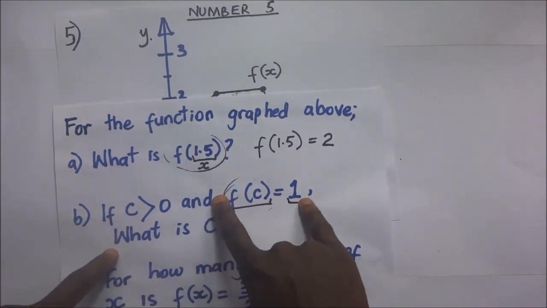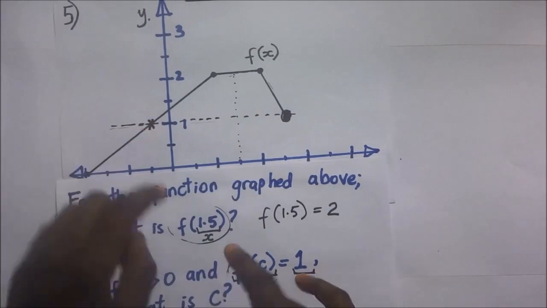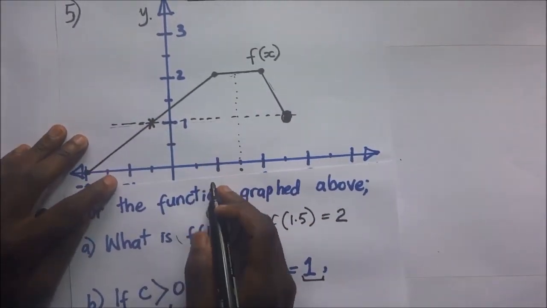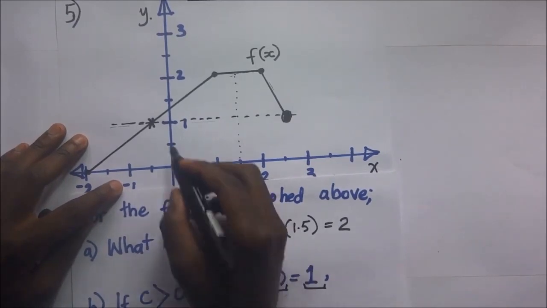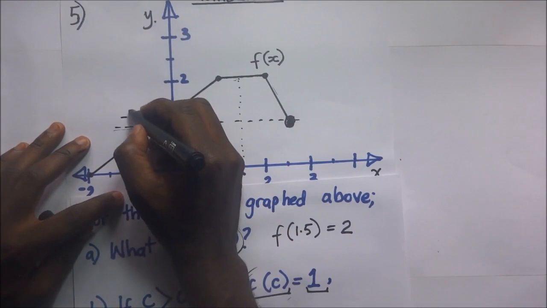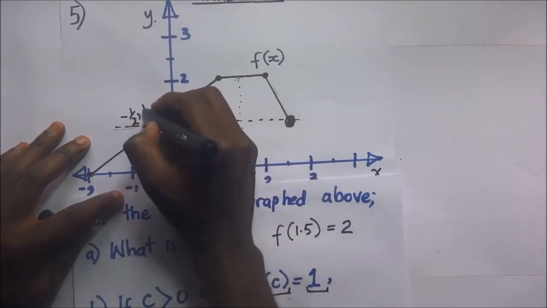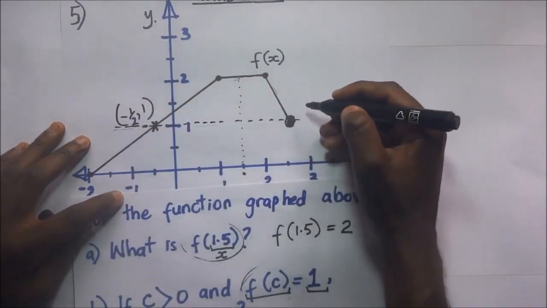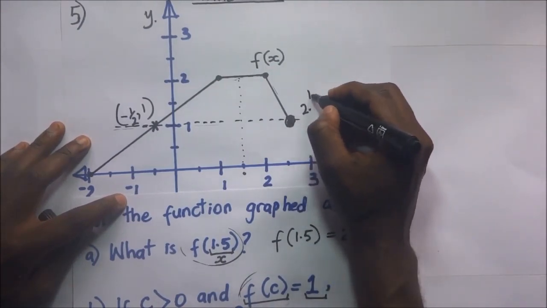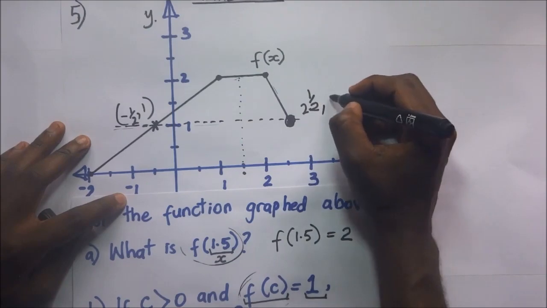Now we got this, and we have their two possible values, and of course the value here is negative a half, comma 1, and then this one right here is 2.5, comma 1.